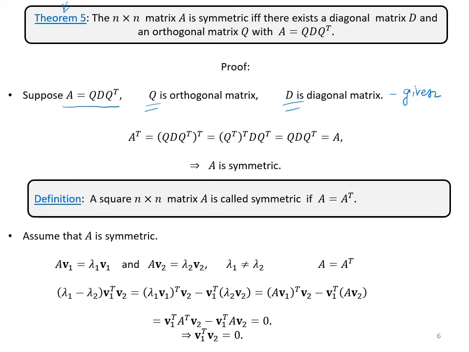And we're supposed to prove that matrix A is symmetric. How can we do it? Let's rewrite the expression that is given and transpose it, left and right side.